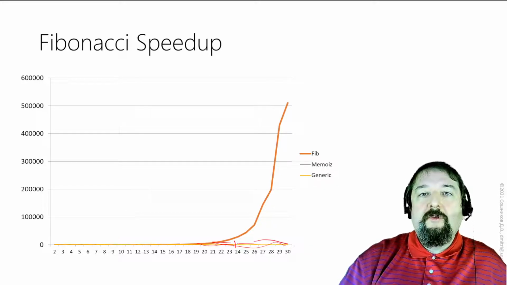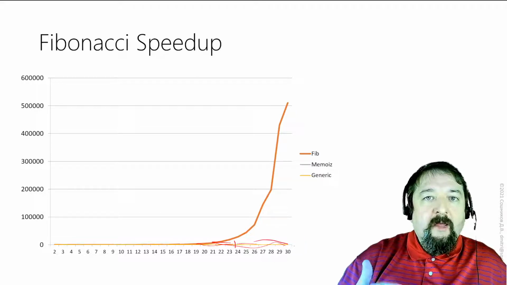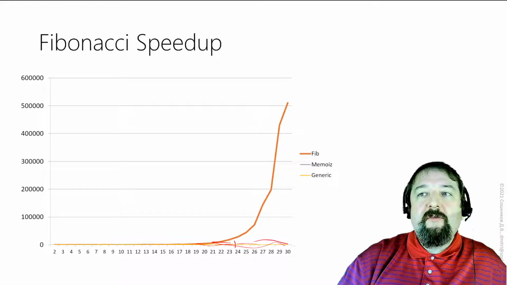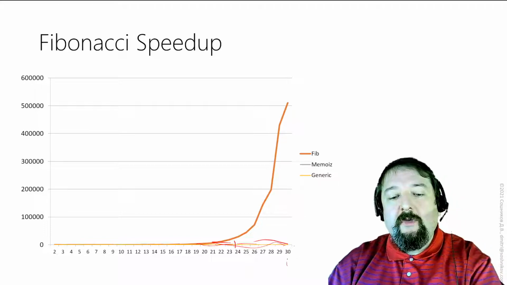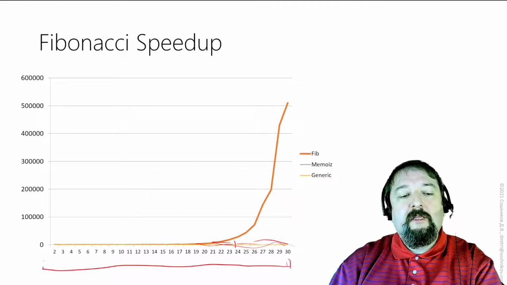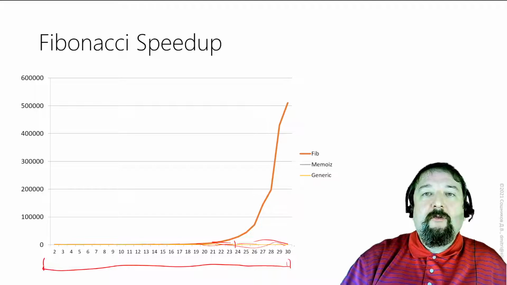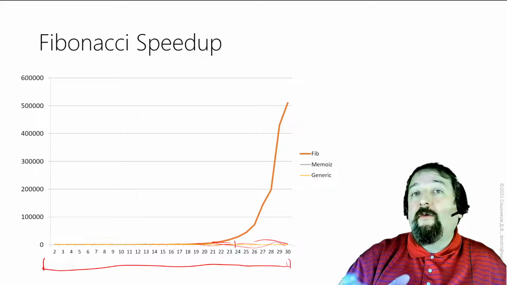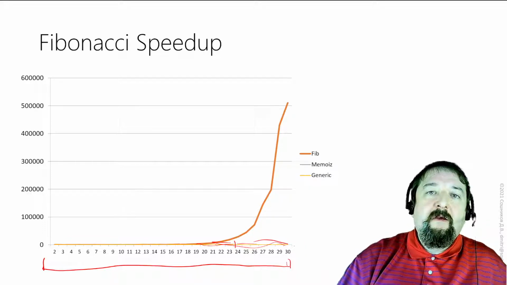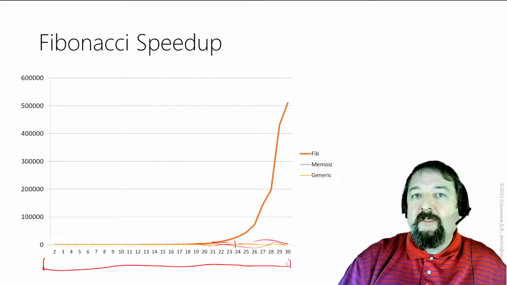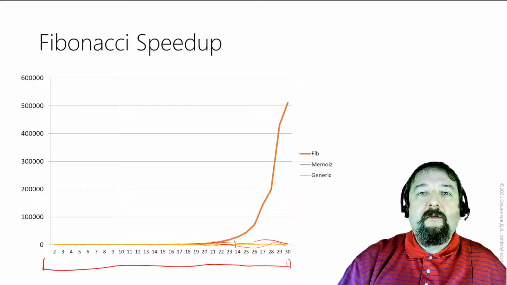But we need to understand that we get this speedup at the expense of memory, because we remember all the intermediate values. On the other hand, because in this graph we only compute Fibonacci numbers up to 30, we don't use more than 30 units of integer memory to compute that. And this sounds like a really fair thing to do.